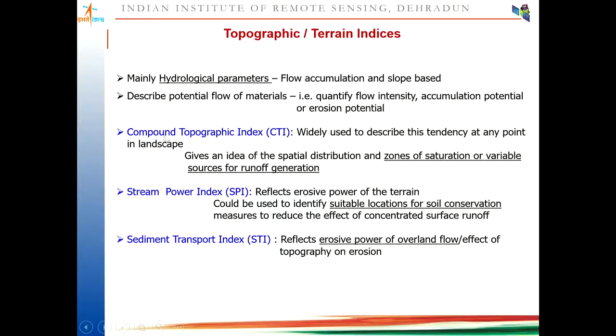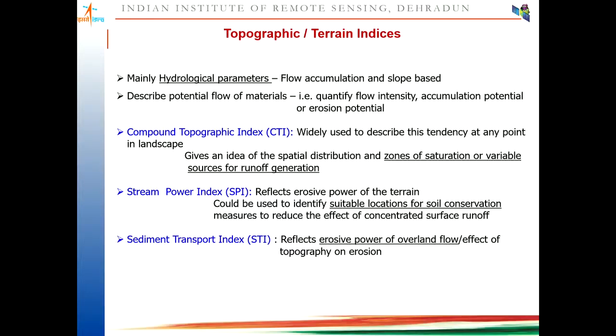One is the compound topographic index, CTI. We also call it the wetness index, and the wetness index gives you an idea of the spatial distribution of zones of saturation. So where you are getting a high CTI value, there is a chance of more accumulation of runoff water.